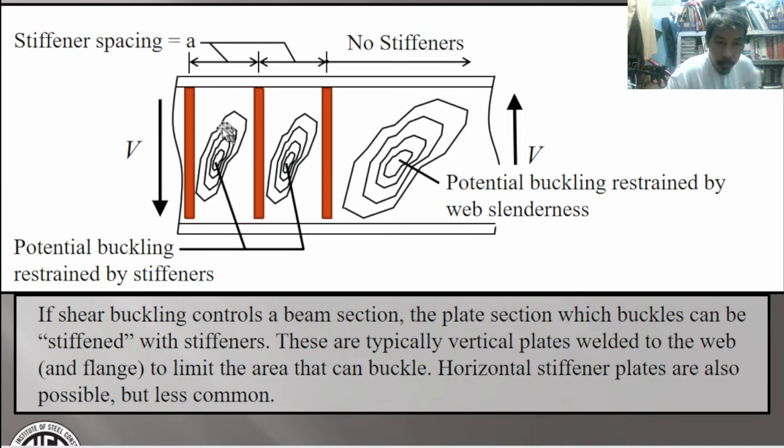So we have this one, potential buckling restrained by stiffeners. So these are the stiffeners, the red portion of the stiffeners. So being restrained. If there are no stiffeners, so we have what? Potential buckling restrained by web slenderness only. So that is the only reason why this will not buckle.